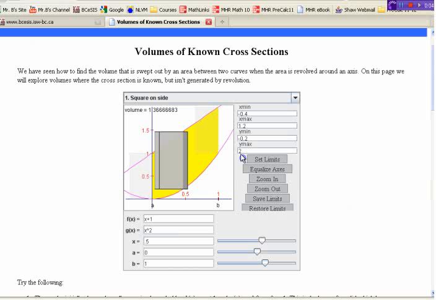Let's go to here to have a look at it in a second. Okay, first of all we have a circle here, or a square. We'll do the one with the square. f of x can be sine x, and the other one is the x-axis, right?